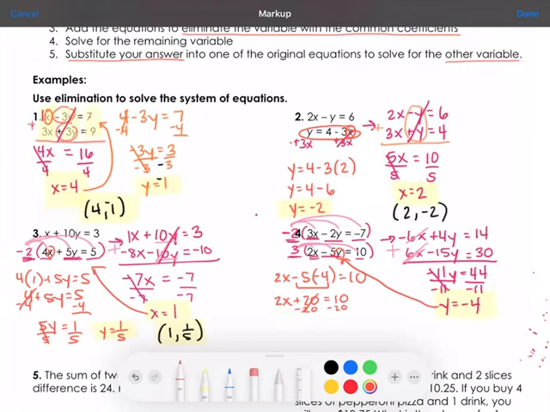I subtract 20 from both sides, and I get 2x equals 10 minus 20 is negative 10. When I divide both sides by 2, I get x equals negative 5. Now that I've solved for x and y, I just plug them in to my ordered pair, and I get negative 5 comma negative 4, which is my final answer.